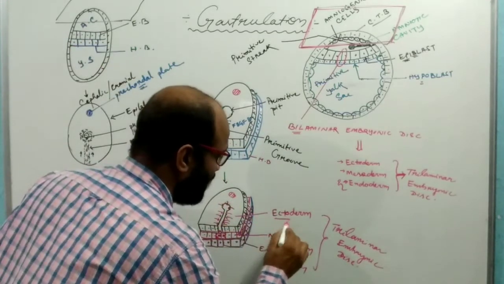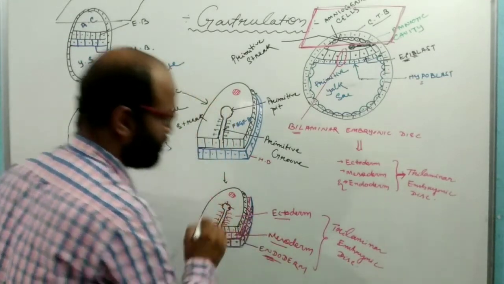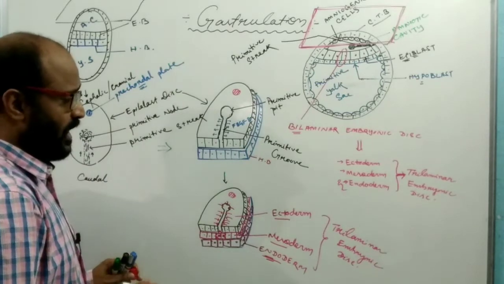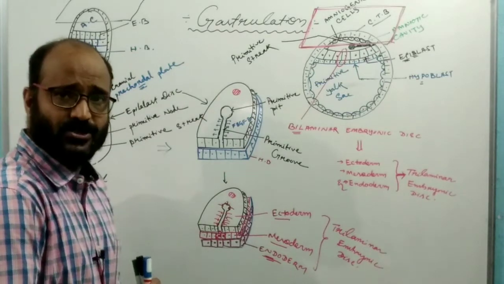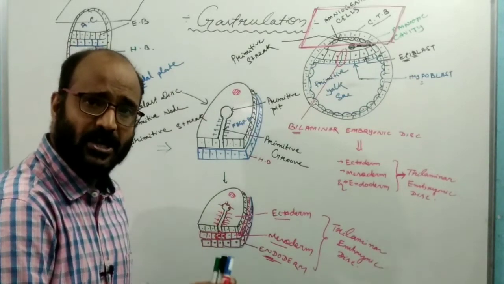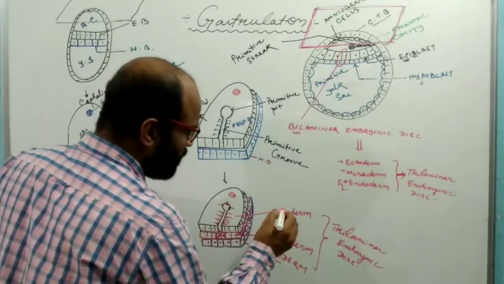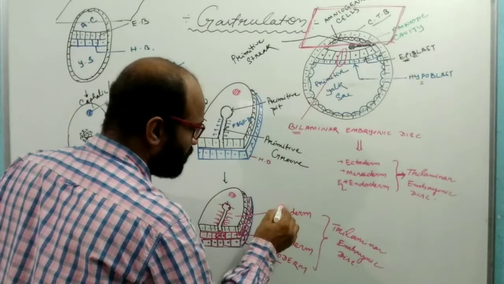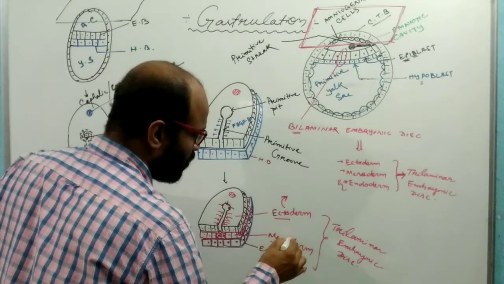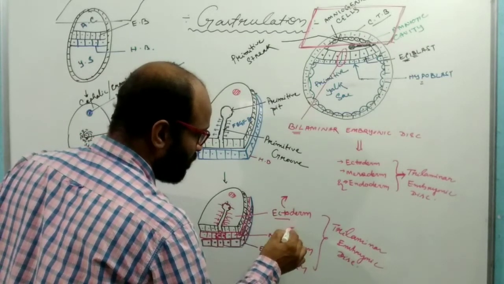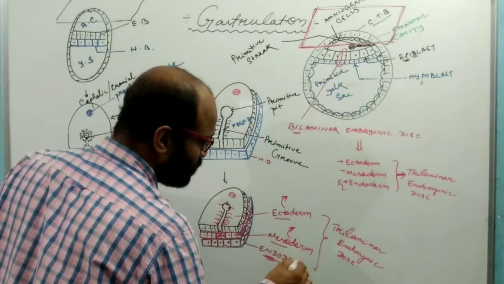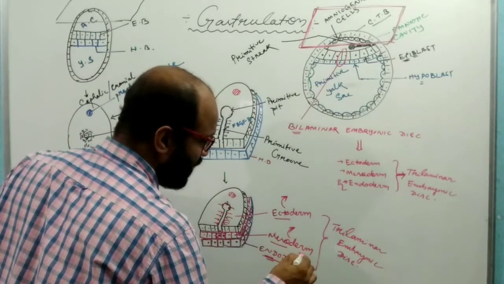These are known as the 3 germ layers. Our different organs, systems and tissues develop from them: some from the ectoderm, some from the mesoderm, some from the endoderm.